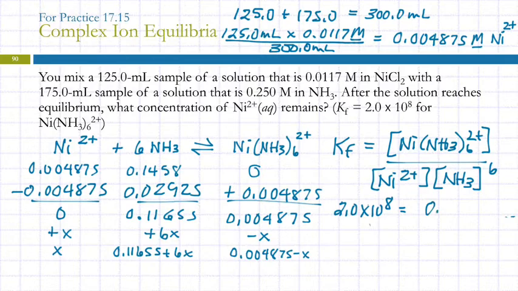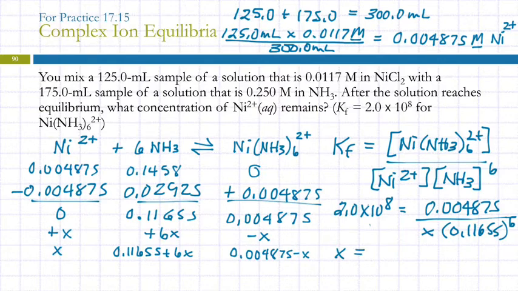So using X is small, then we've got 0.004875 divided by X times 0.11655 to the 6th power. And so that's a little easier to solve. 0.004875 divided by 2 times 10 to the 8th divided by 0.11655 to the 6th power.